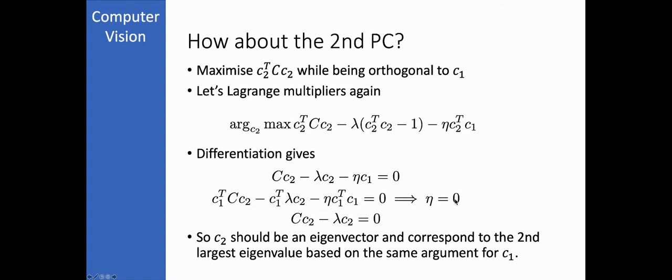So the stationarity equation is simply the eigenvector equation for C2. Just by looking at this equation, I notice that C2 should also be an eigenvector of the sample covariance matrix capital C, and lambda should be the corresponding second largest eigenvalue, since it should maximize this term.